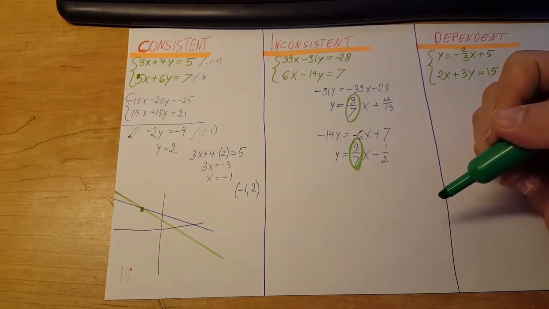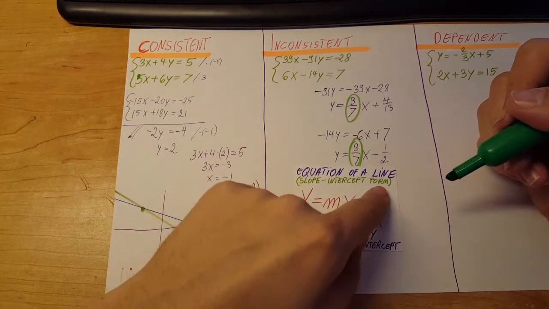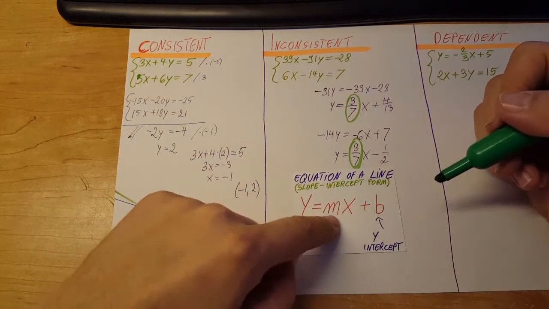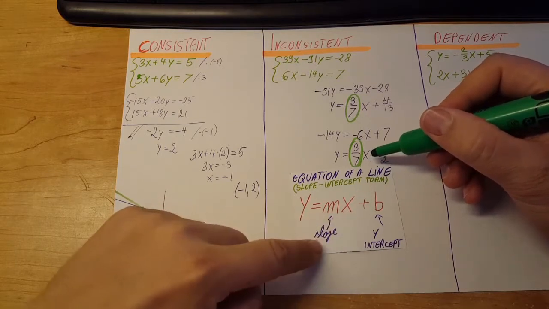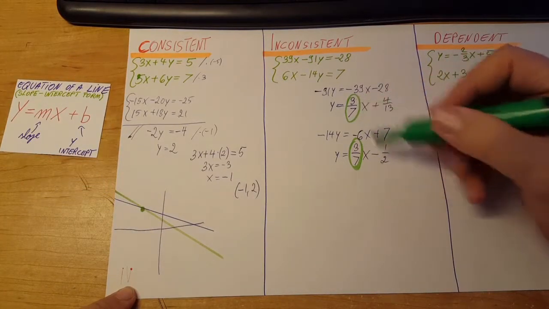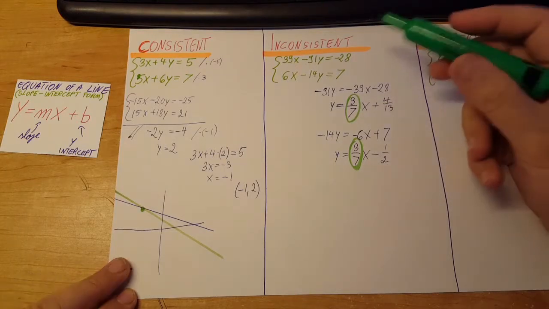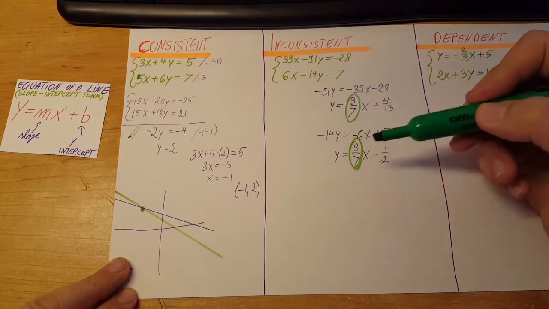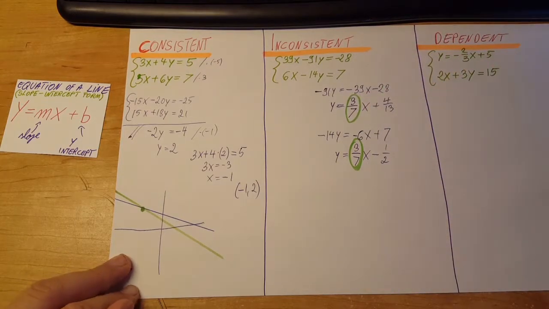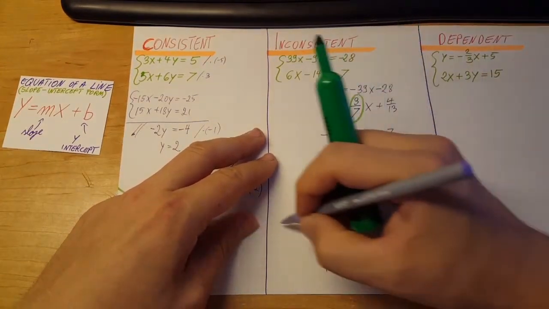Since this one is the slope-intercept form of the line, the value in front of x is our slope. So this means that the two lines are parallel to each other, and the system will be inconsistent because the two parallel lines will never meet.